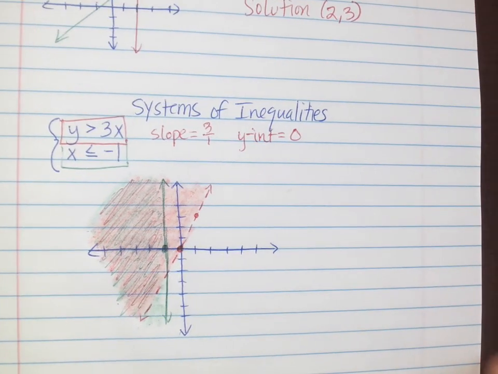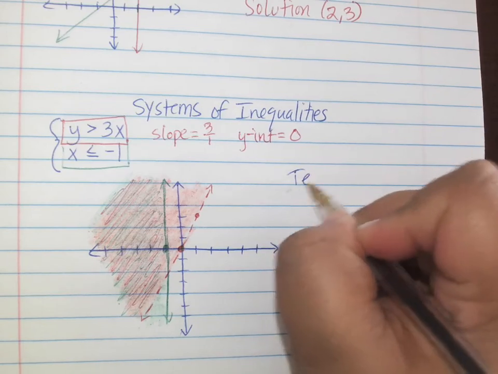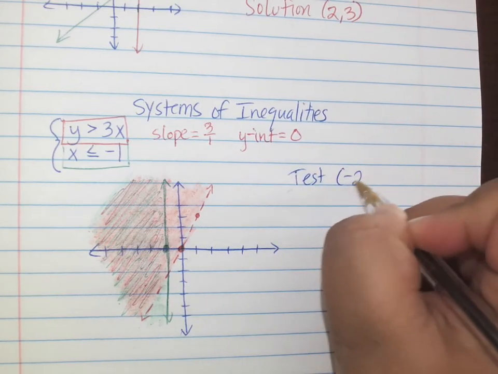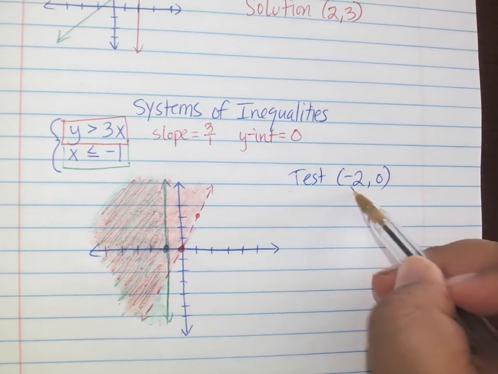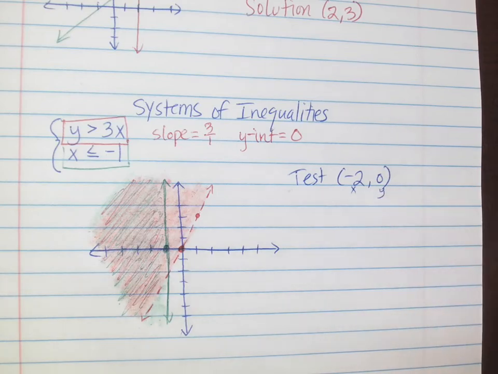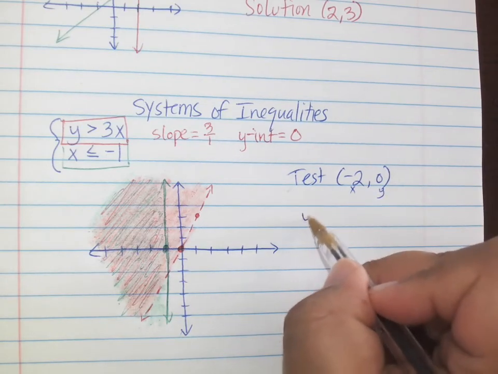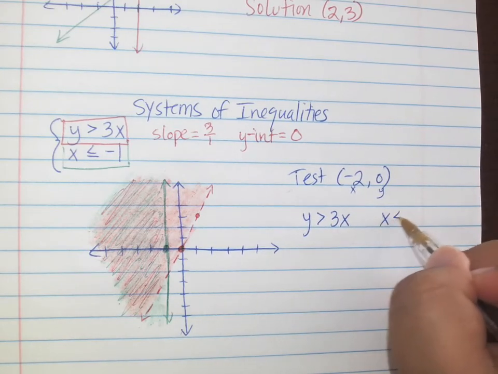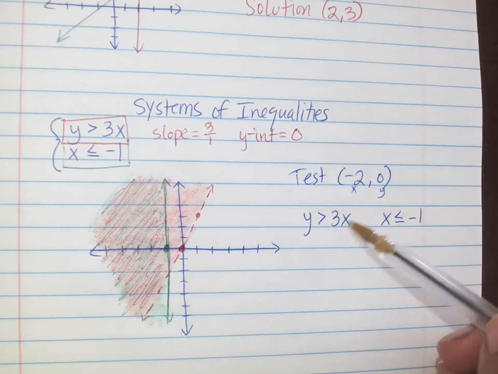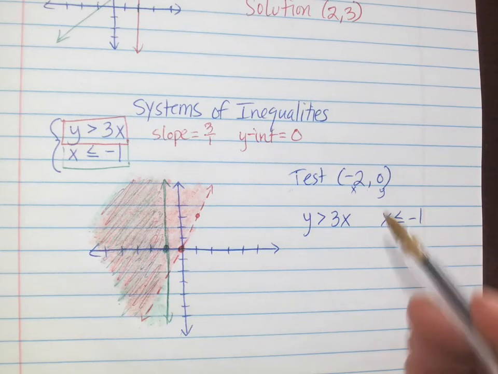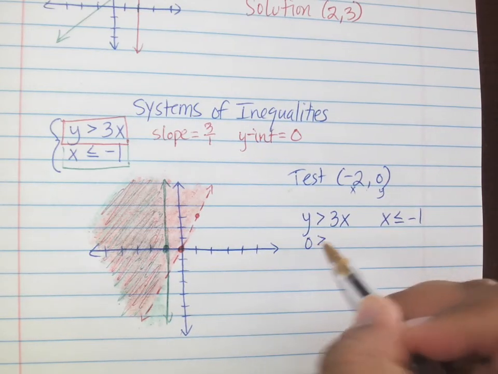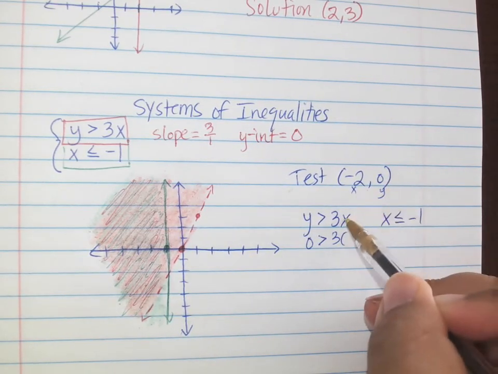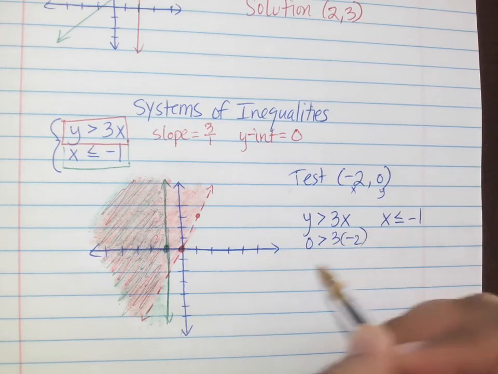We're going to test it. Remember, this is x, this is y. Let's go ahead and plug it in. That's our first one, that's our second one. If I plug in x and y here, y is 0 and x is -2.